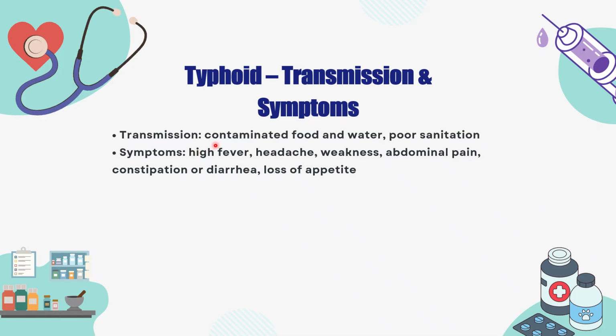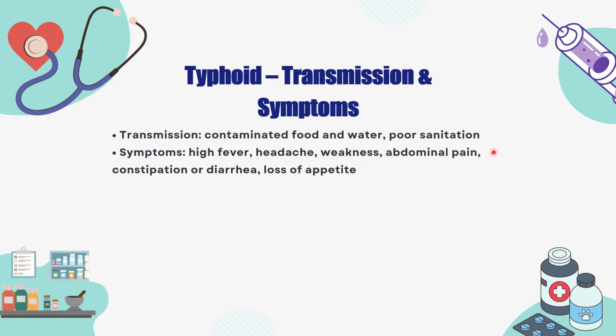The transmission of typhoid, we can assume, is mostly through contaminated food and water. Poor sanitation and hygiene cause the transmission of the disease. The symptoms of typhoid are high fever and headache. There may be weakness in the patient.